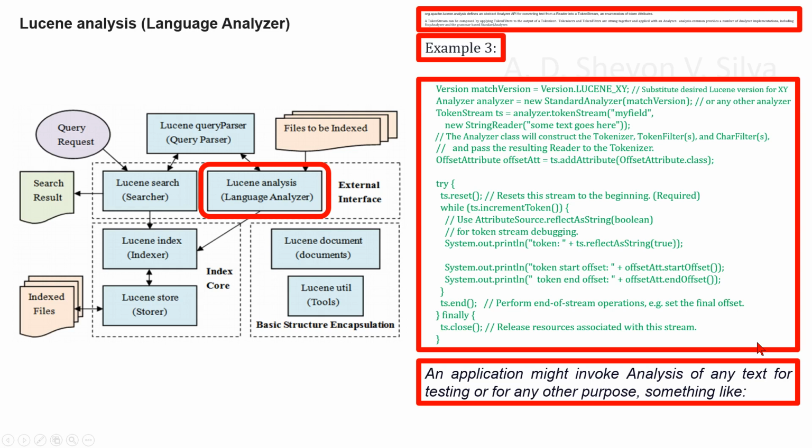Note that for some queries, analysis does not take place, for example wildcard queries. However, an application might invoke analysis of any text for testing or for any other purpose, something like this.